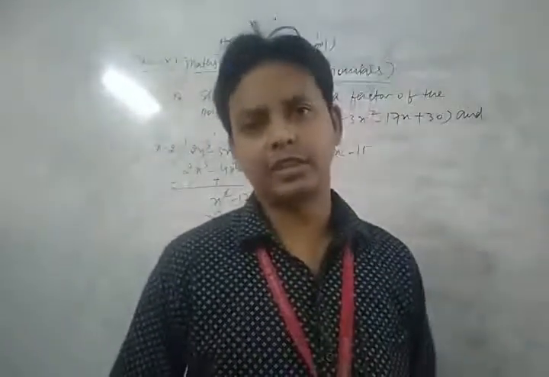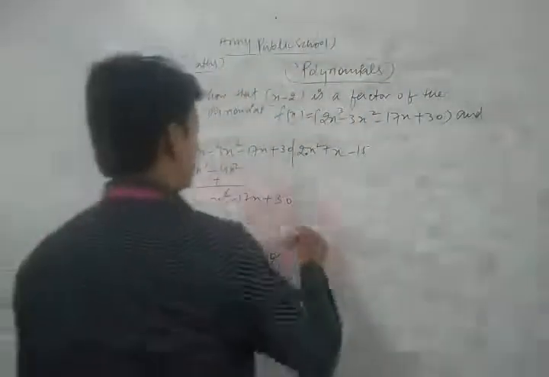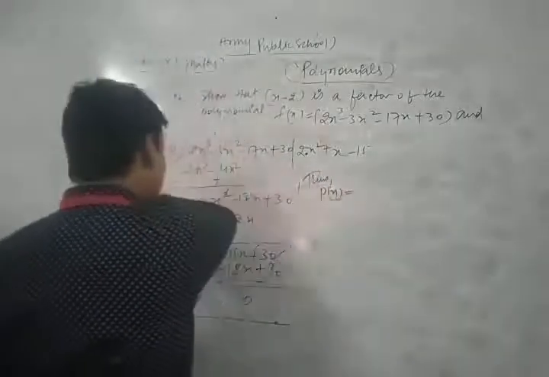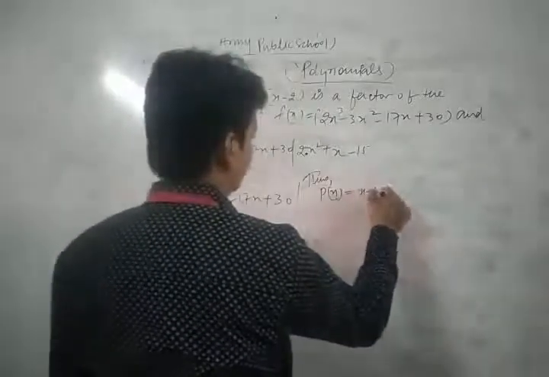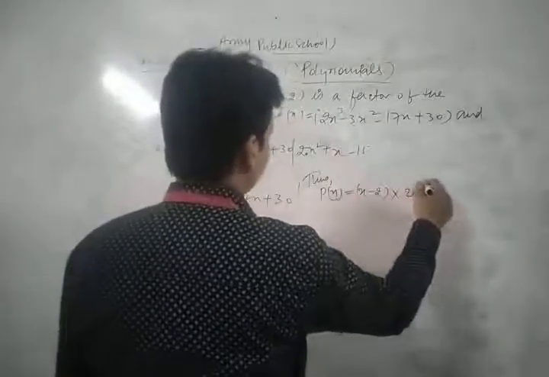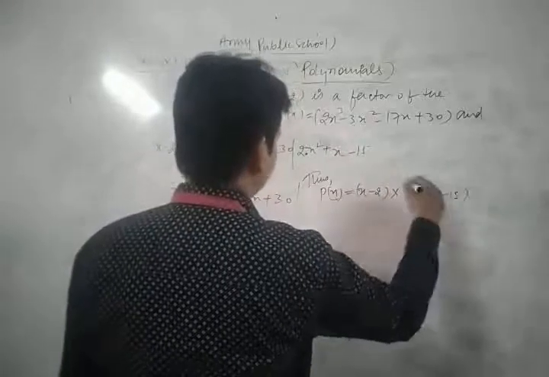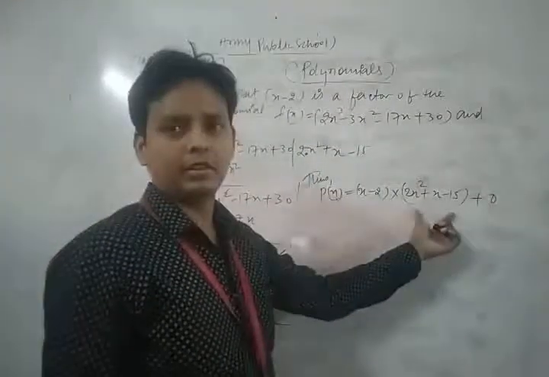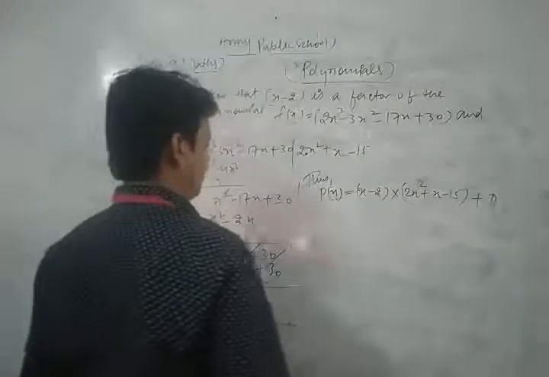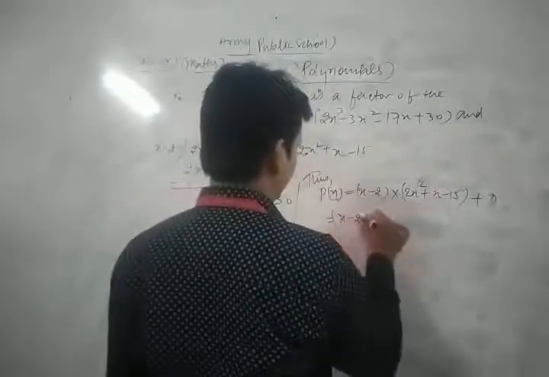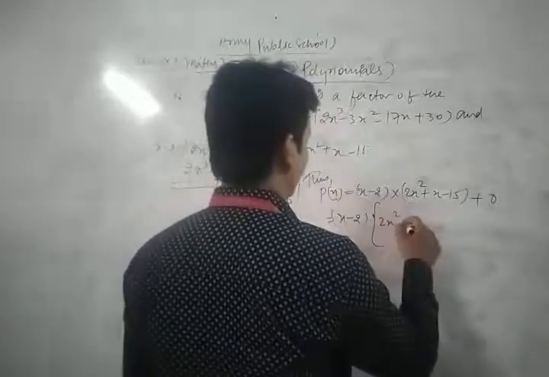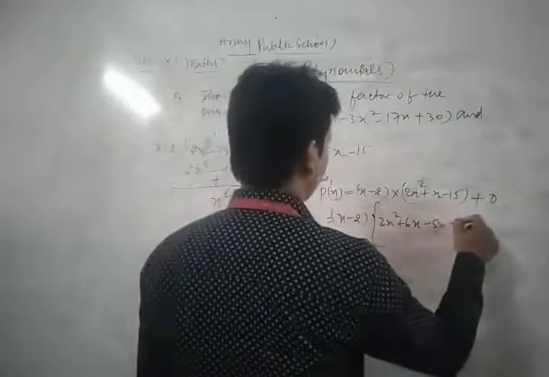And we know that by our division algorithm, dividend is equal to divisor into quotient plus remainder. So we apply the same process here. Thus we can write the given polynomial is equal to divisor into quotient plus remainder, which is equal to 0. Now we simplify the given quotient. We write x minus 2 and this is 2x square minus 5x minus 15.